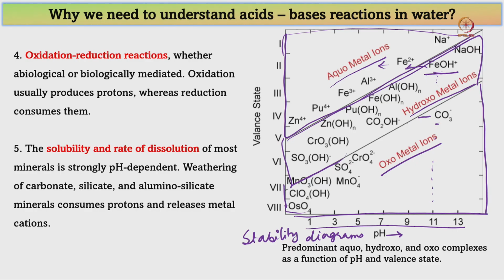So, if you are trying to understand the bioavailability of a particular element, in what species it is available, you always have to look at these kinds of diagrams and see how the species varies with the pH of the system. At that particular pH, what species is going to be formed in the aquatic system, in what state it will be.